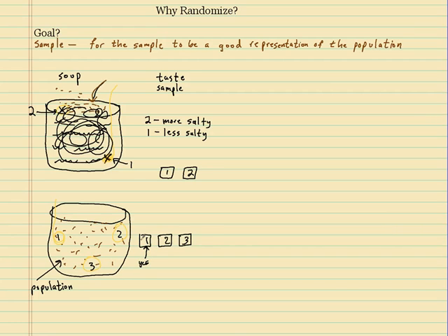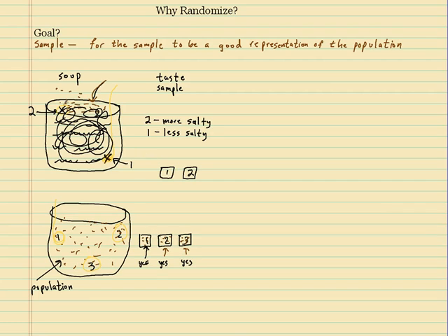Yes, because it has salt in it. Is this one a good representation of the whole thing? Yes, because each sample had salt in it. So each one of these samples looks like the whole population.